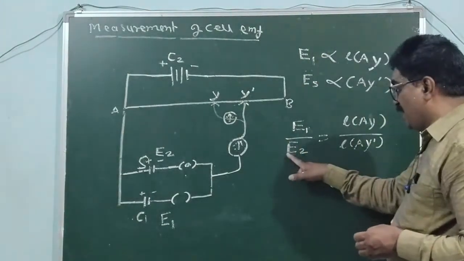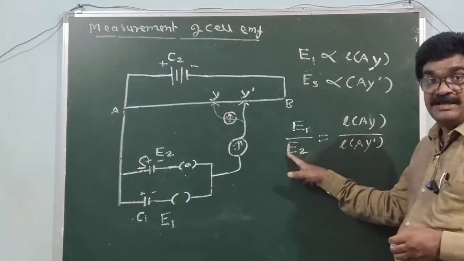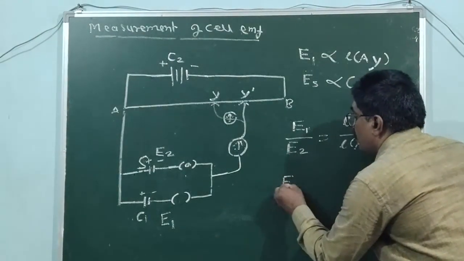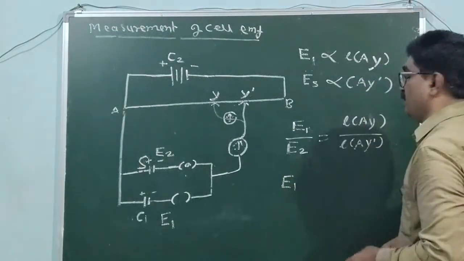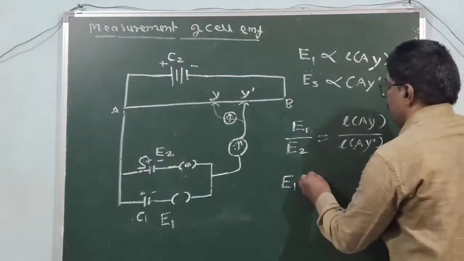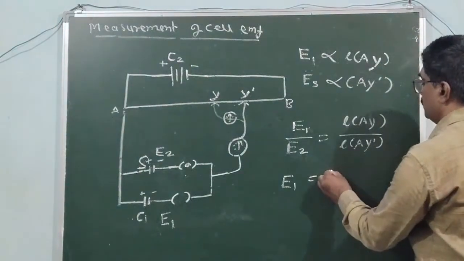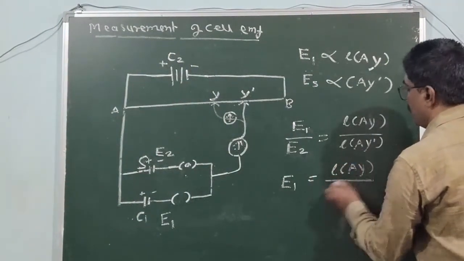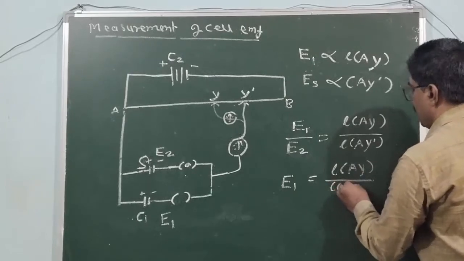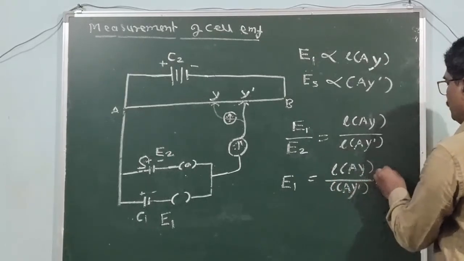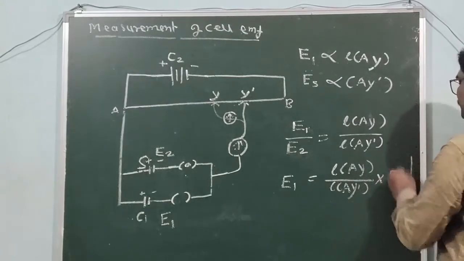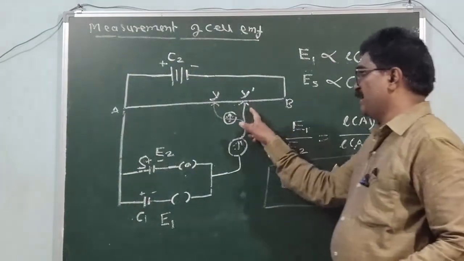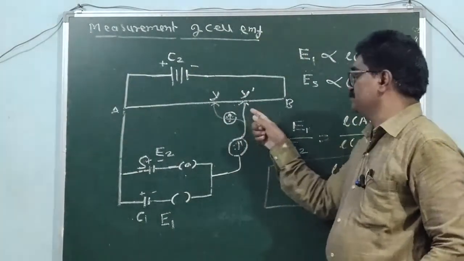Now since the EMF of the standard cell is known, we are able to calculate or determine the unknown EMF, that is E1, equal to length AY upon length AY prime into E2. So these lengths can be determined by the length of the wire.